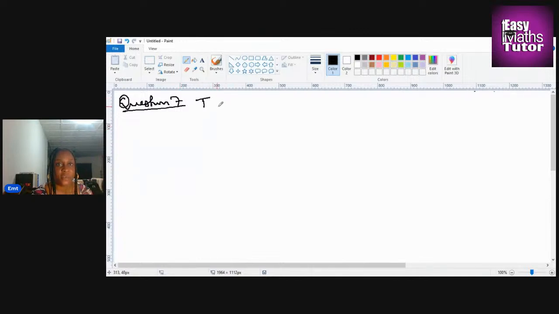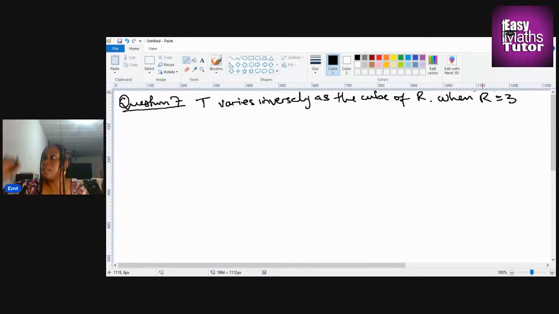We say T varies as the cube of R. When R is equal to 3, T is equal to 2 over 81.